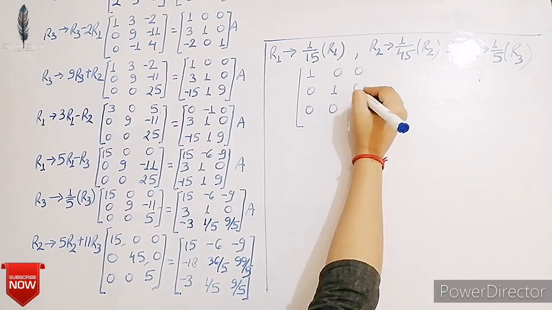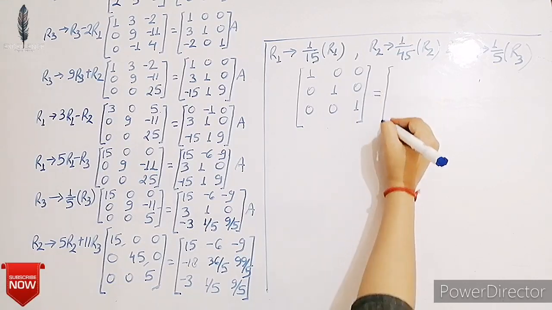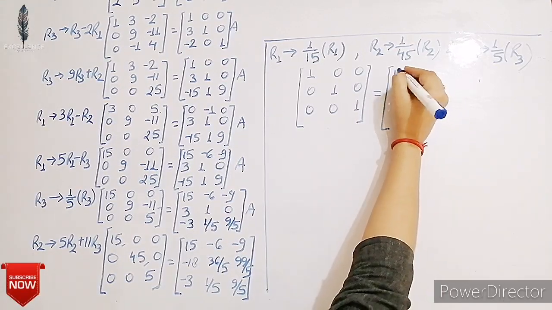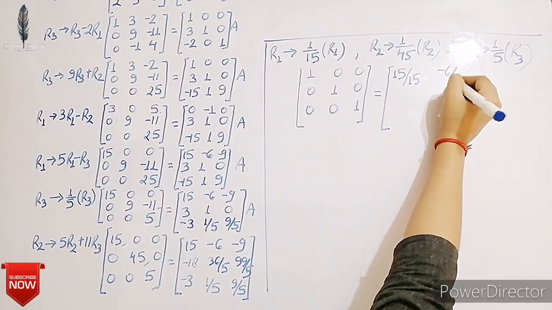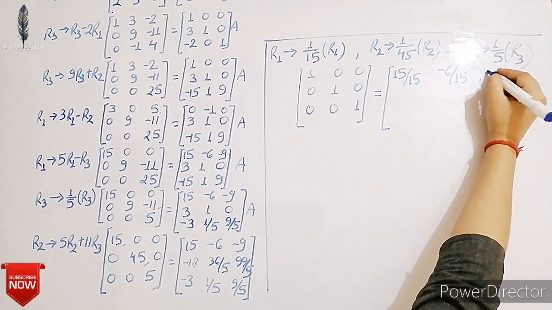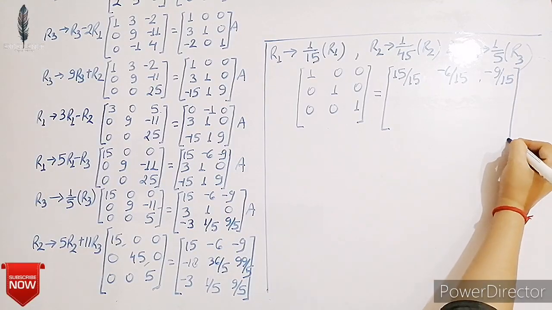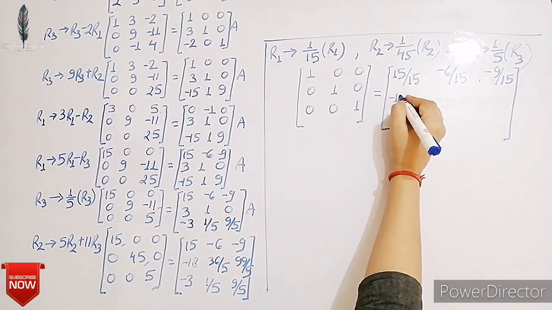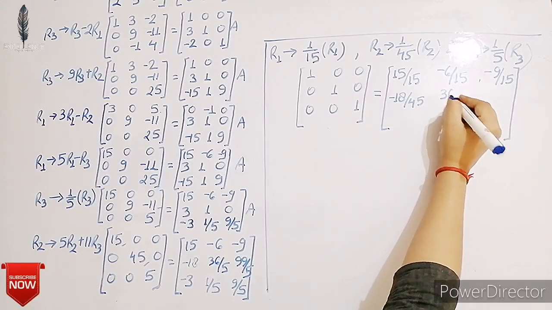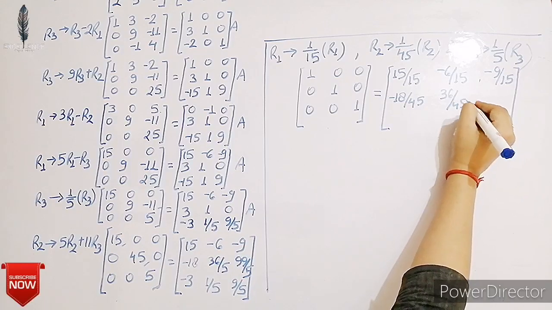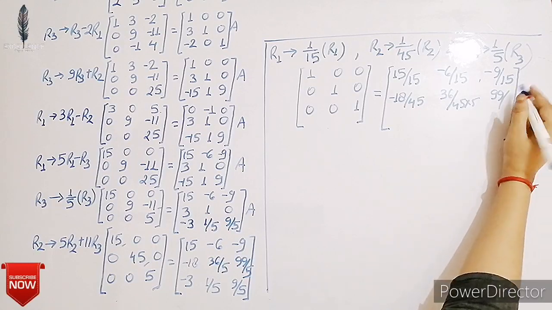1 0 and 0 0 1 is equal to, here we get R1 as 15 by 15, minus 6 by 15, minus 9 by 15, and the second row becomes minus 18 upon 45, 36 upon 45, 36 upon 5 into 45, and 99 upon 5 into 45.